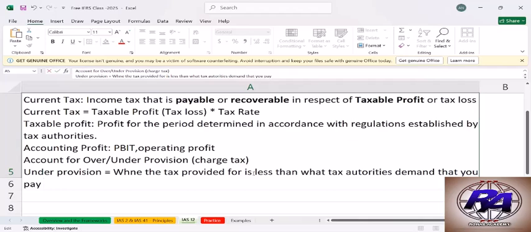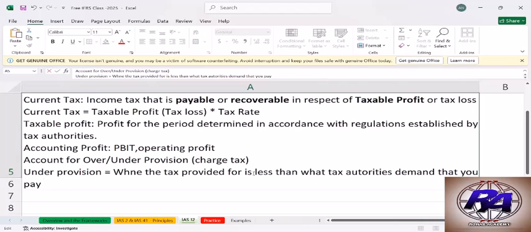Anytime the tax you provided for is lesser than what the tax authority demands that you pay, then we call it under provision of tax.